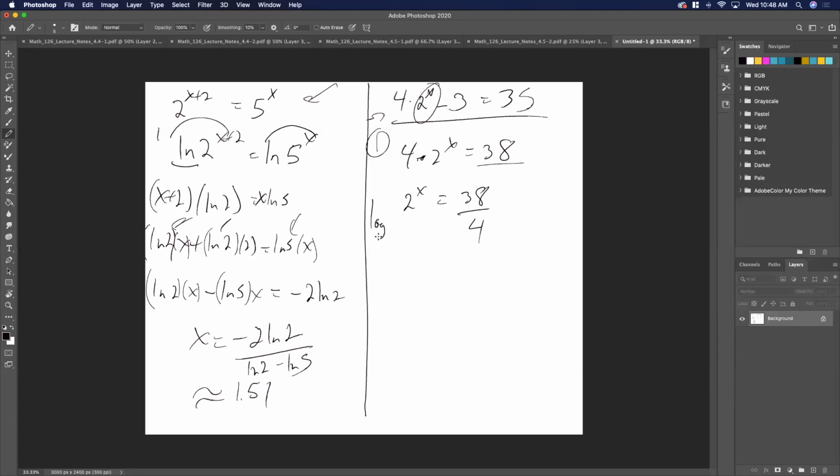So here I'm going to take log base 2 of both sides. Log base 2 of both sides. Since this is single x, it'll just be x. So it would be log base 2 of 38 over 4. And if you crunch that through a calculator, log base 2 of 38 divided by 4, you get x is approximately equal to 3.25.